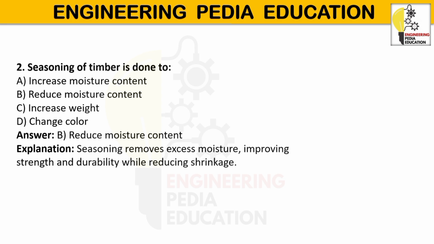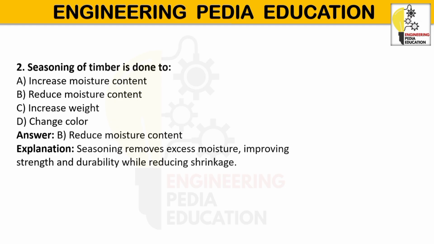Seasoning of timber is the process of removing excess moisture from freshly cut wood to bring it to a suitable moisture content before it is used in construction or furniture making. Freshly cut wood contains a large amount of water, and if used directly it can shrink, warp, crack or decay.